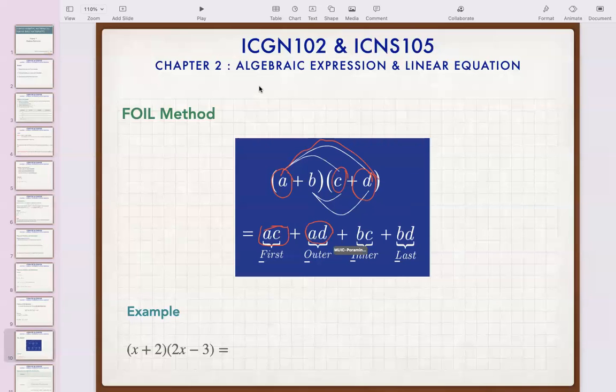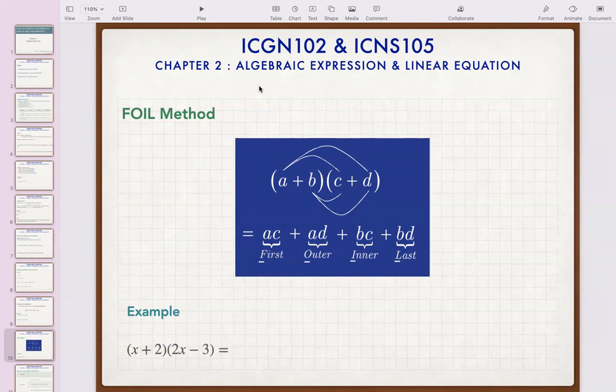Then you get ad. The next one, I, is inner. The terms that are inside, that is b and c, you get bc. And the last term is last. You multiply last with last, b and d. So you get ac plus ad plus bc plus bd by using the FOIL method.